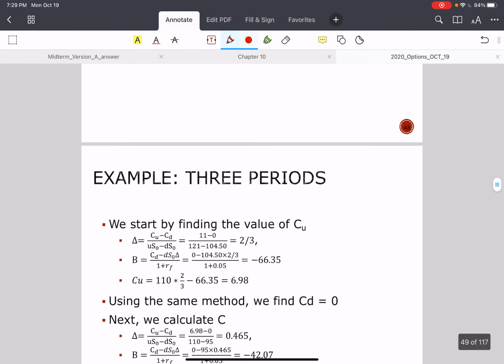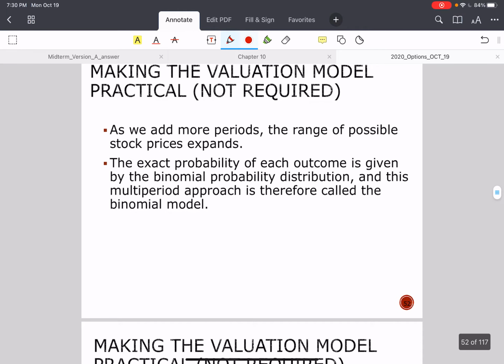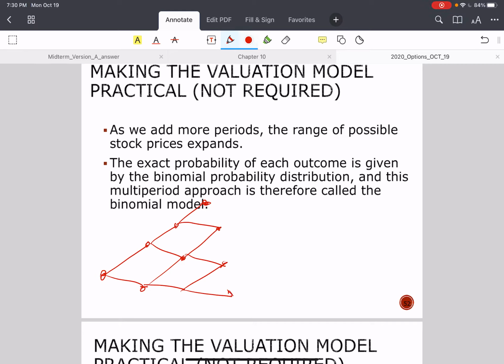So how do you generalize this model? Well, you might have guessed it. What you need to do is you have to expand this process. Right? So what you're gonna do is you will use this finer method to expand this model, right? So if you continue this process, you can see that in the end, you will have more and more values, right?